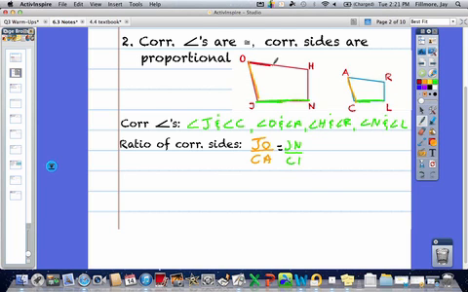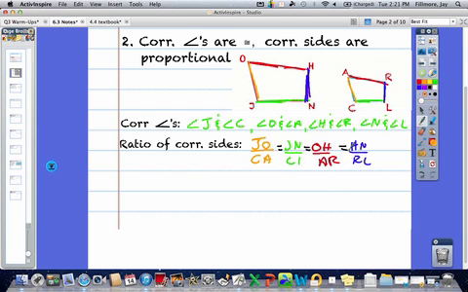If I were to pick OH and AR, again, all of these ratios should reduce to the same value because they're all proportional. They've all been multiplied or divided by the same number so that they're changing the same amount. HN and RL, again, these are all proportional. They are all equal to each other.